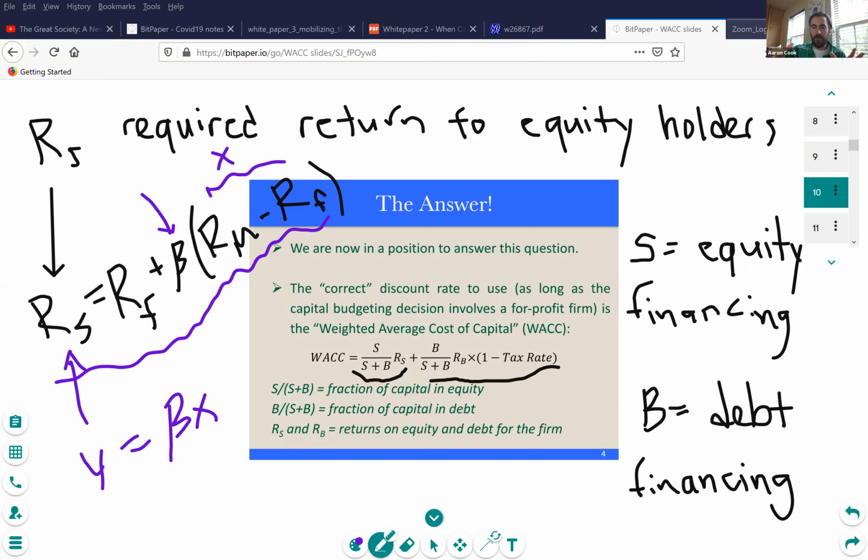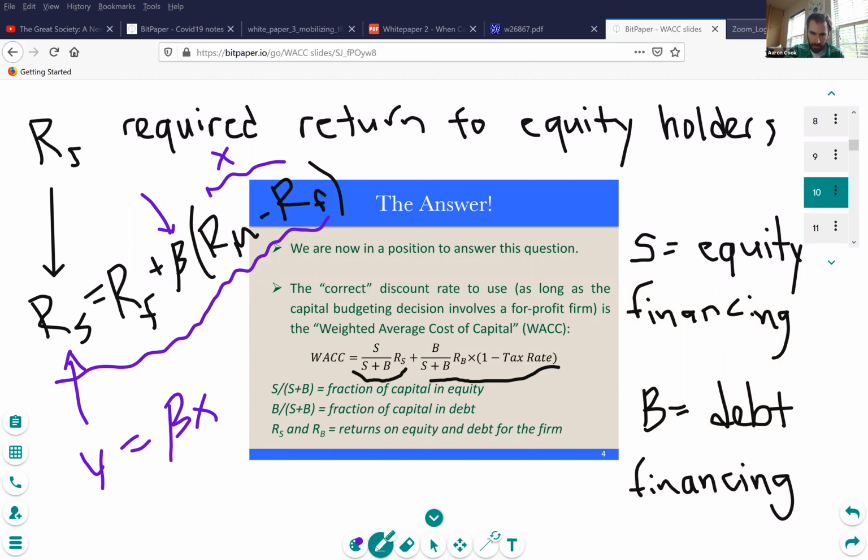But the firm overall can be composed of some equity and some debt, and individual projects can be financed with some equity and some debt. In either case, the required return, or the discount rate, or the cost of capital, is going to be determined by the amount of financing that's allocated in equity versus debt.